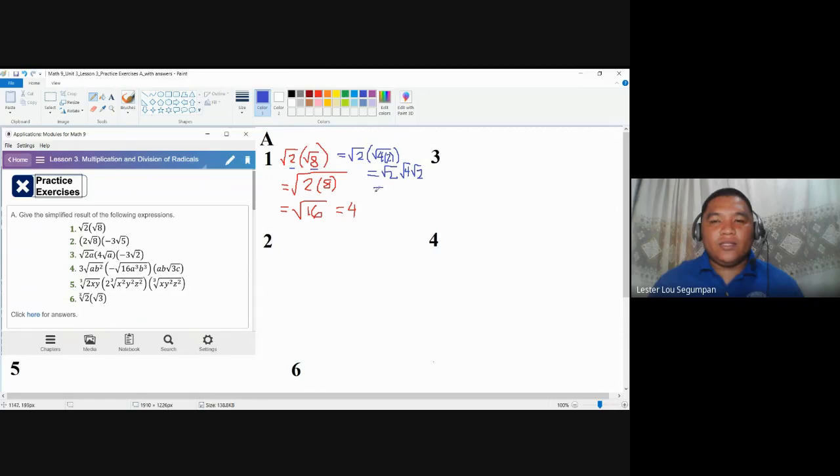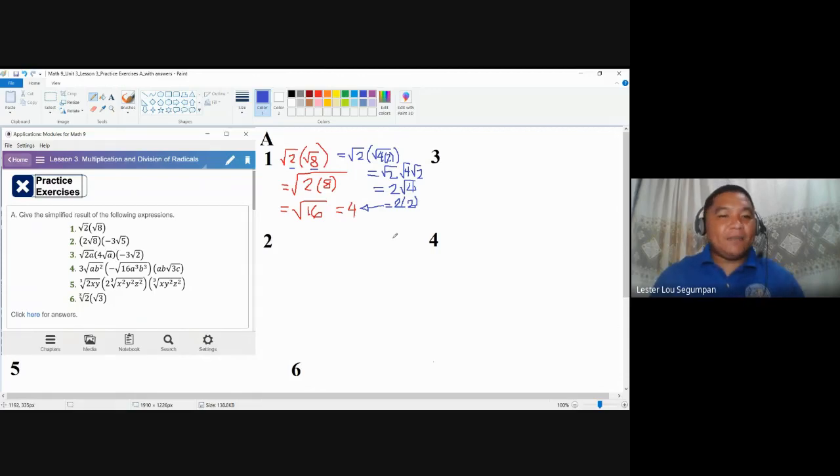Square root of 4 is 2, and square root of 2 times 2 is 4, and the square root of 4 is also 2, and definitely you will still get the correct answer. So either way, you may use any of the processes, but I would suggest you multiply first so that you could simplify it later on.